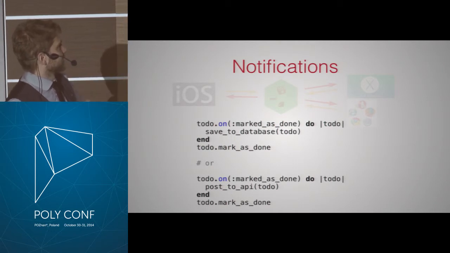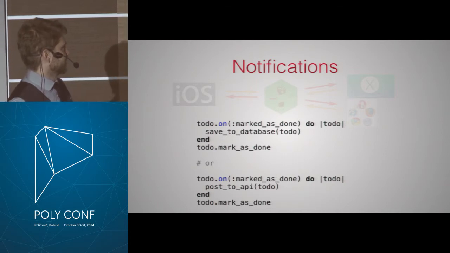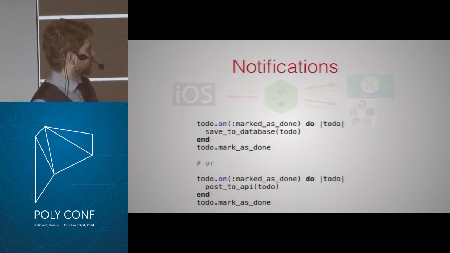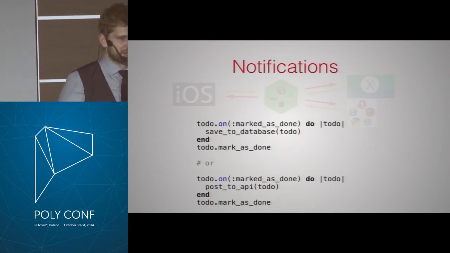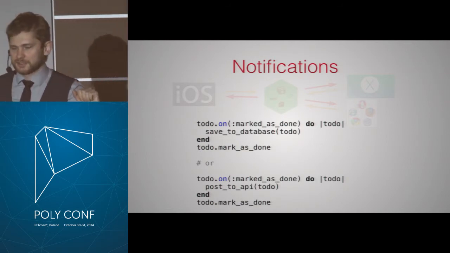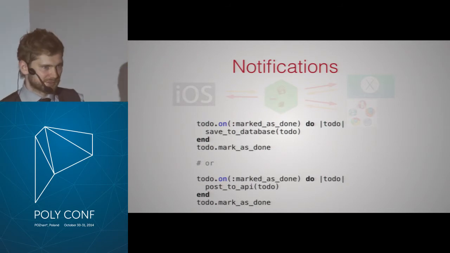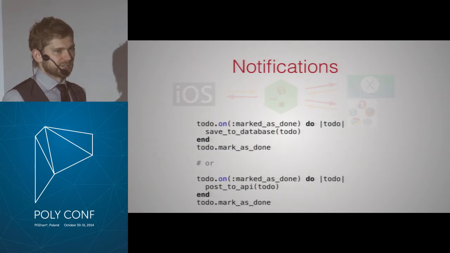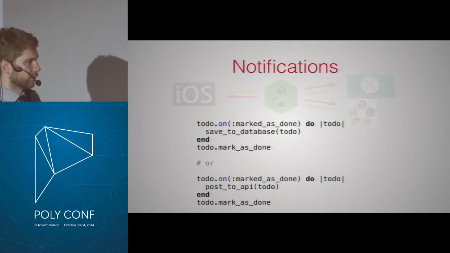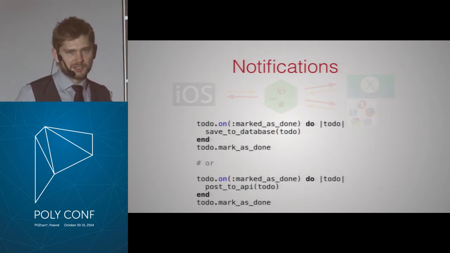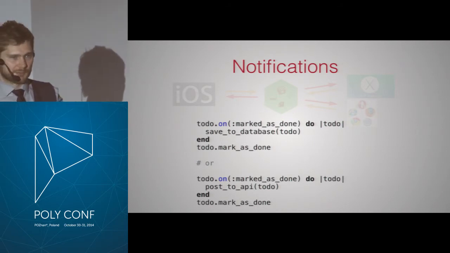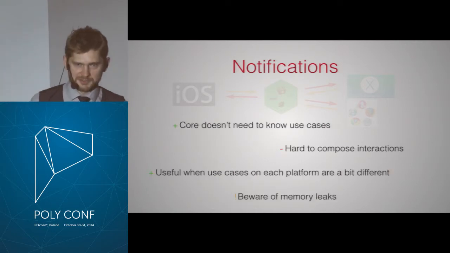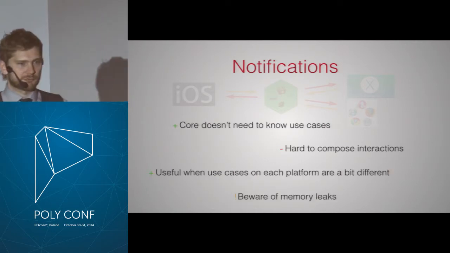For example, on one platform, we could mark it as done and then save it to the database. On the other platform, we could mark it as done and then post to an API. And this gives us the ability of not defining the interface and just listening for events. So we don't need to change our cross-platform part of the code that much. We need to add the ability to trigger some events, but we don't care what happens next.